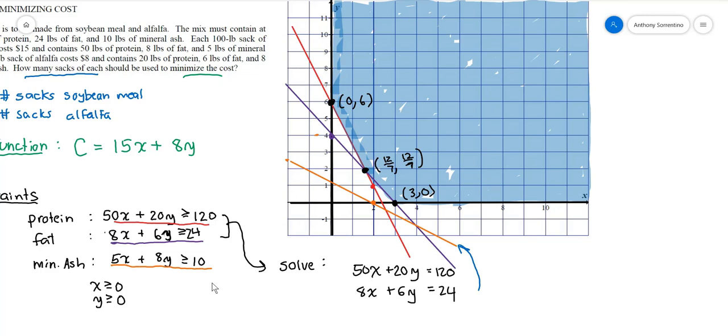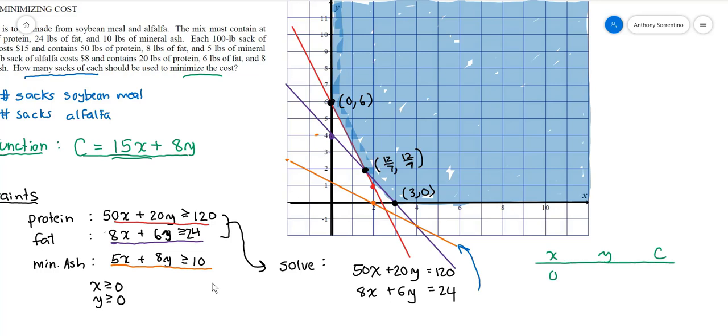So now I have my 3 vertices. There's no more vertices. These are the 3 I'm going to try out. So I'm going to now go back to my objective function right here, and I'm going to use that and come up with, okay, I have x's, y's, and cost.